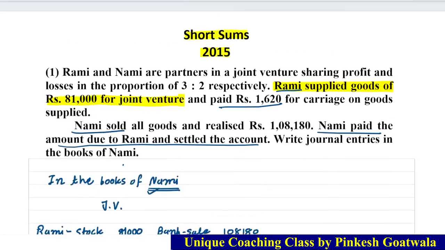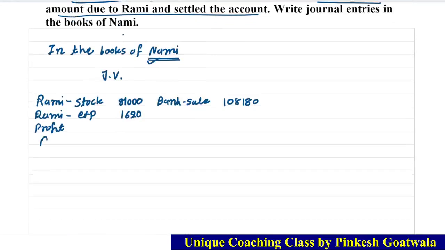It's a profit, and profit is distributed between Rami and Nami. First name is Rami, so Rami's and Nami's profit will go to P&L. Total 25,560 and profit ratio 3:2, so 15,336 and 10,224. Clear?